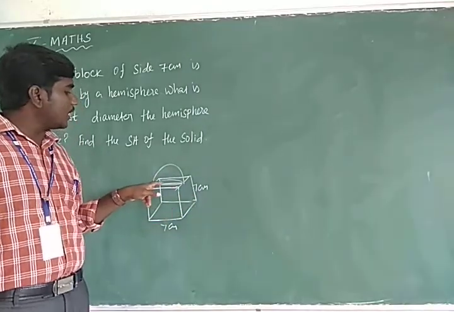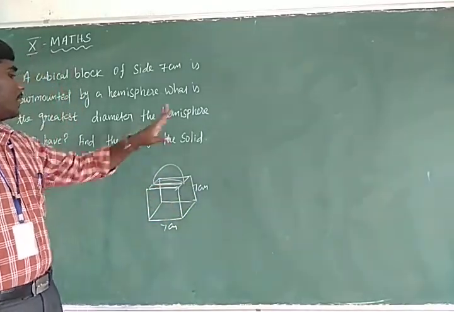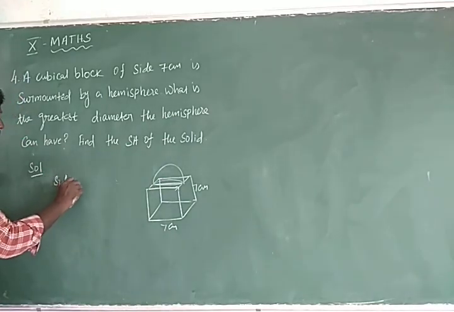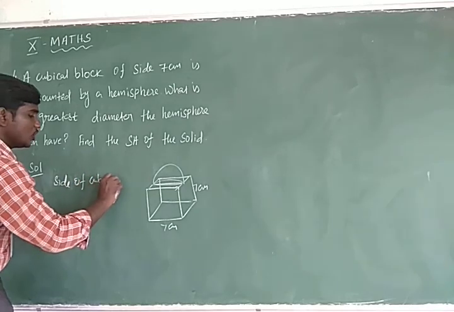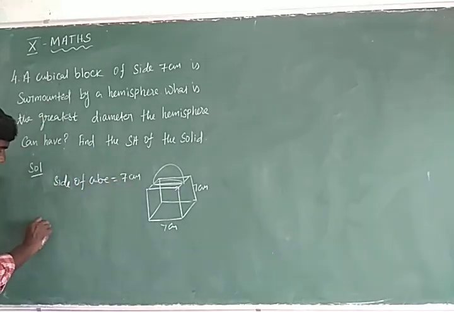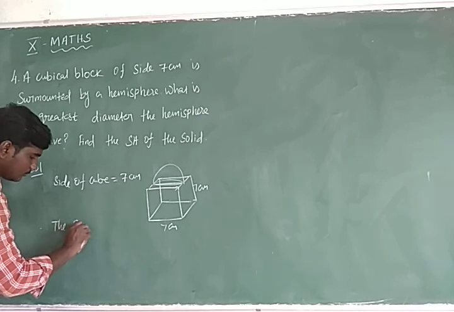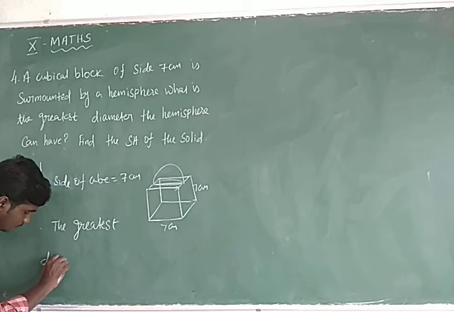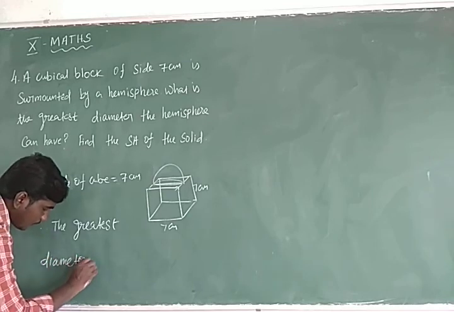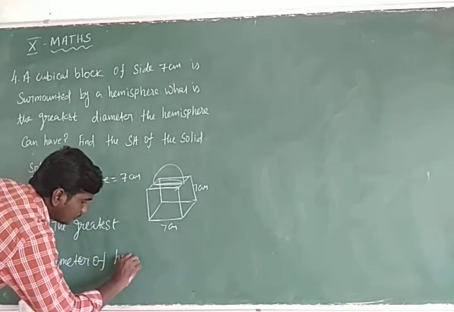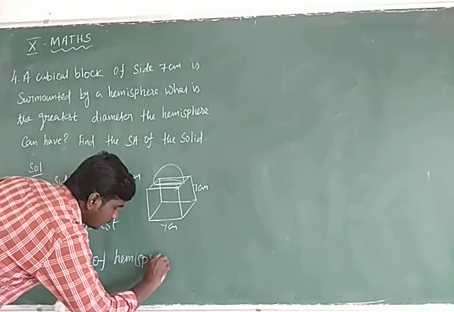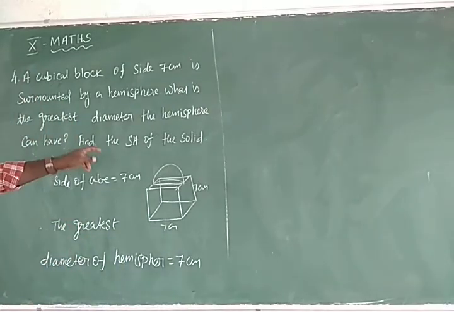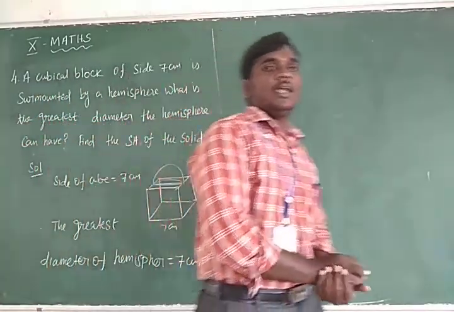So the greatest diameter of the hemisphere, solution: side of cube is equal to 7 centimeter. The greatest diameter of hemisphere is equal to 7 centimeter.